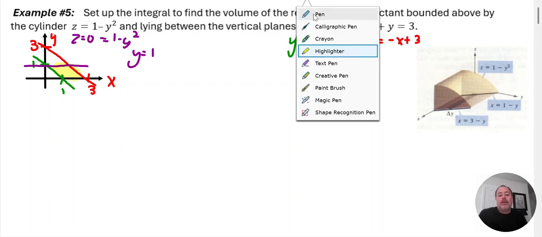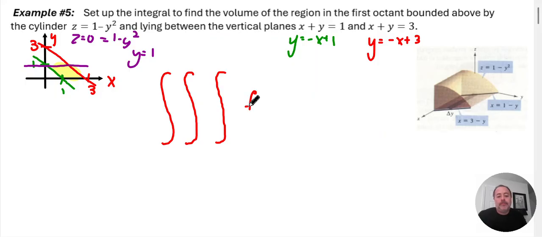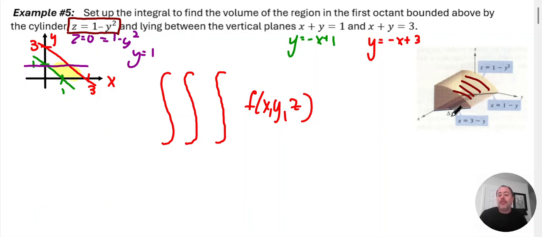Next, we're going to look at the functions themselves. When I set up my triple integral, remember I want it in terms of x, y, and z. So the first part is to look at our function in terms of z. I notice that z is equal to 1 minus y squared, so that's the top part of this region in terms of z.